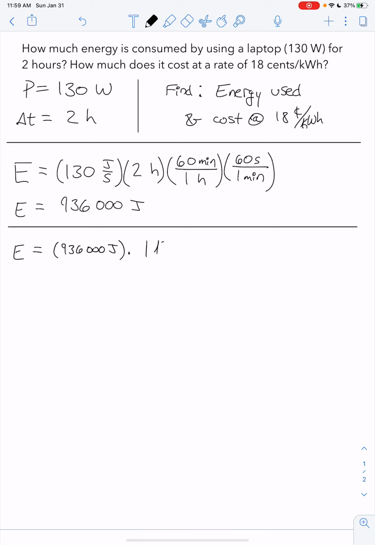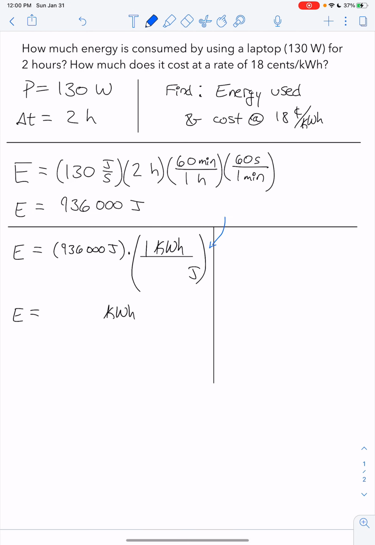So we'll have 1 kilowatt hour is equal to how many joules, and that'll give us our energy in terms of kilowatt hours. And from there we can get the cost. But how do we get between joules and kilowatt hours? Let's do a little bit of work on the side here and talk about that conversion.